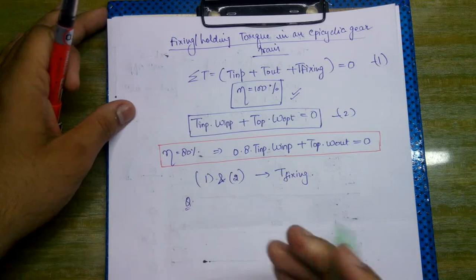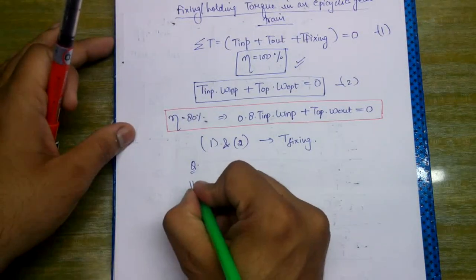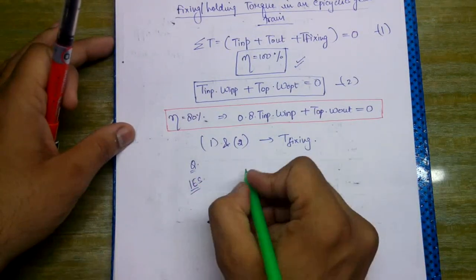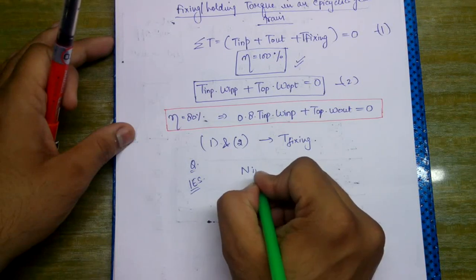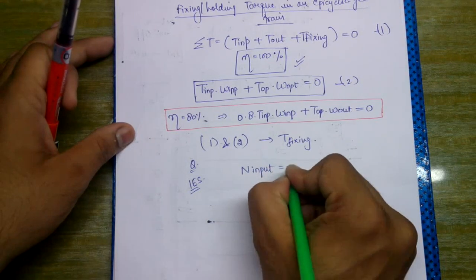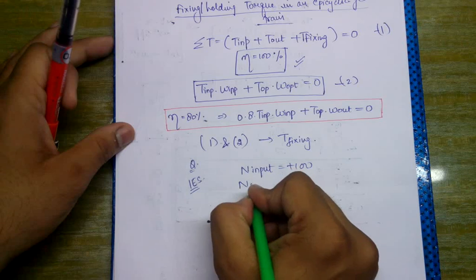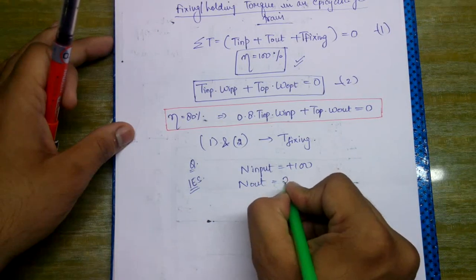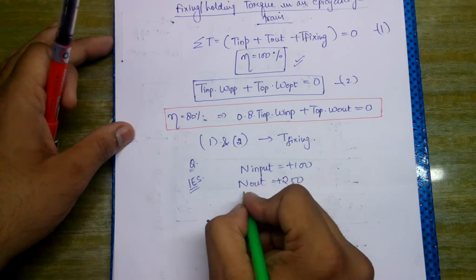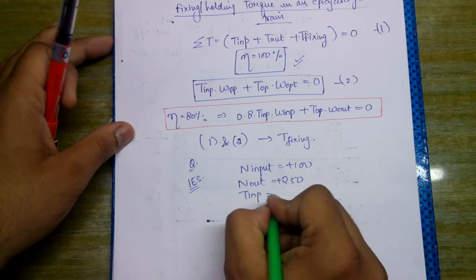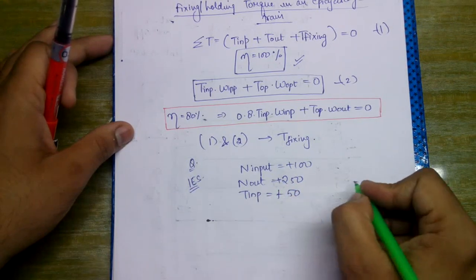And I will solve one question which is again from IES. The question is: N input has been given as plus 100, N output has been given as plus 250, torque input has been given as plus 50.